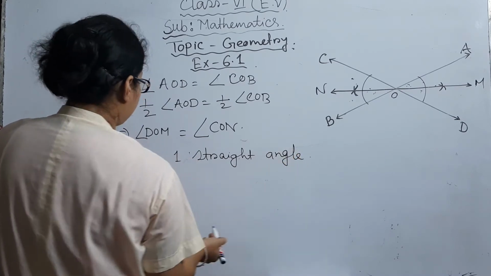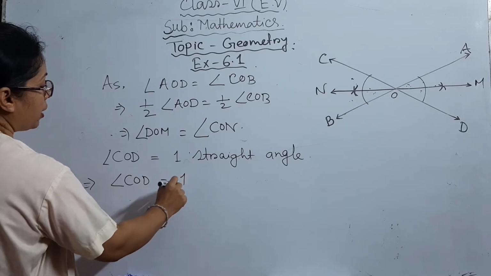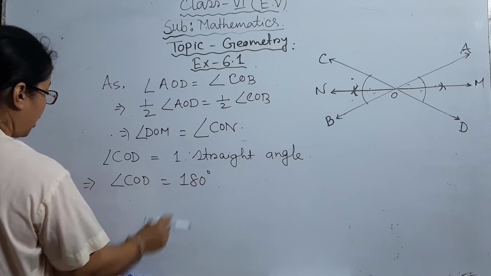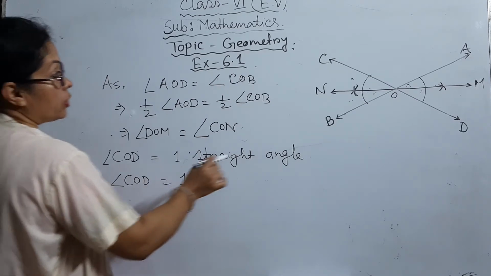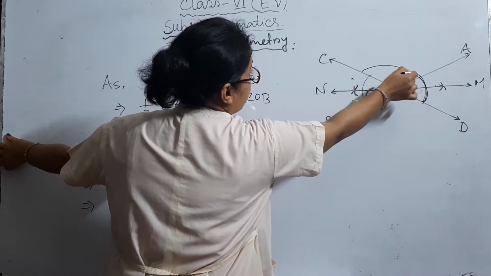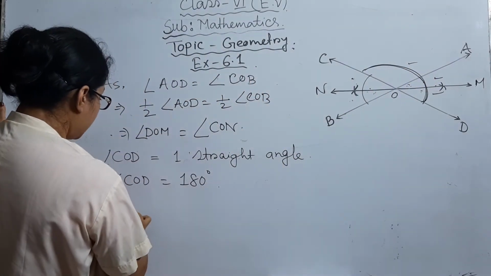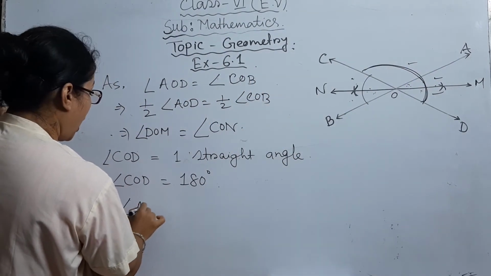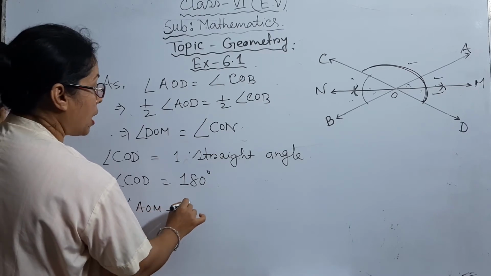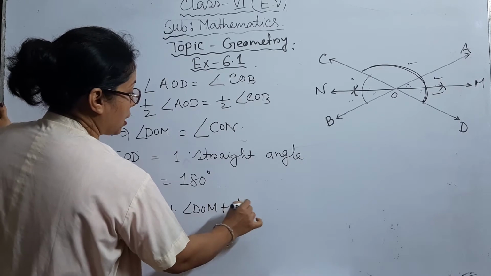You know the value of a straight angle, that is COD equals 180 degrees. Clear? So to get the COD, see, this is the COD angle. COD is a straight line, so we are getting three angles. The angles are named AOM plus DOM plus AOC.